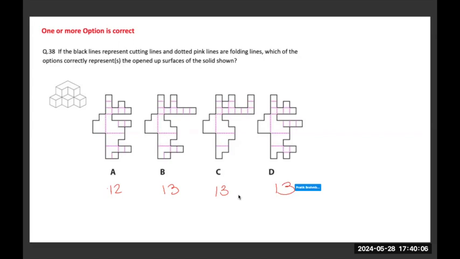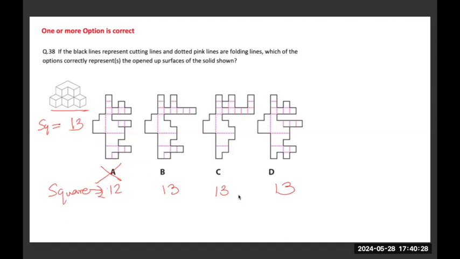When I counted, this is just square surfaces, because that is crucial here and it is easier. So that's why I just counted the 12 square surfaces. And in this figure, the number of square surfaces are 13. So option A is clearly wrong, not possible.